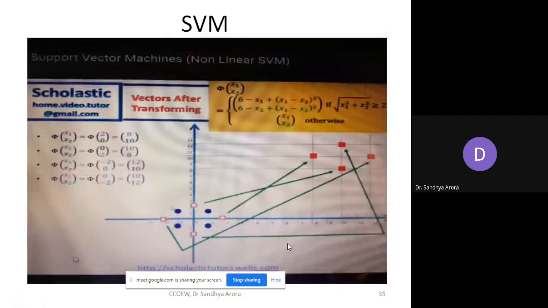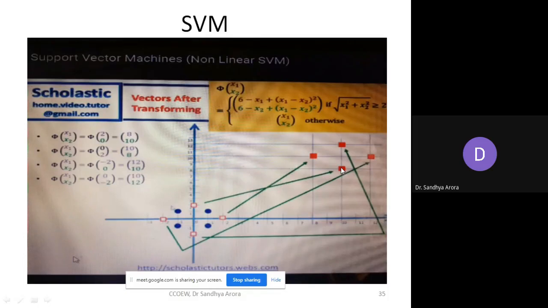Okay, so just have a look at this. These are the points 0 2, 2 0, -2 and 2 and so on. See, this point is 2 and 0, and the 2 and 0 point is mapped to 8 and 10. So this point is mapped here, this is your 8 and 10.